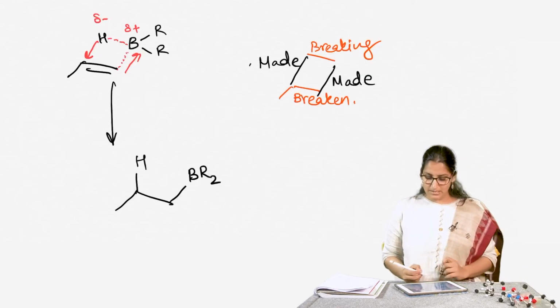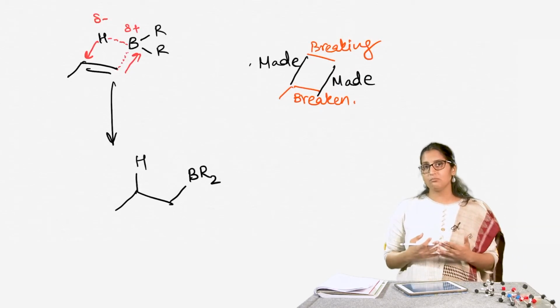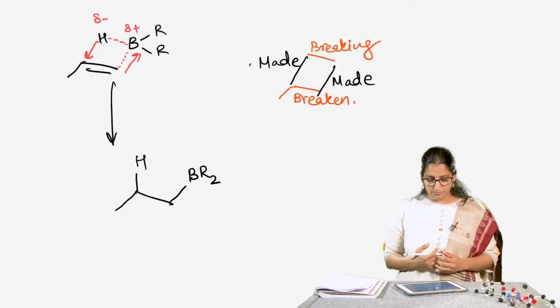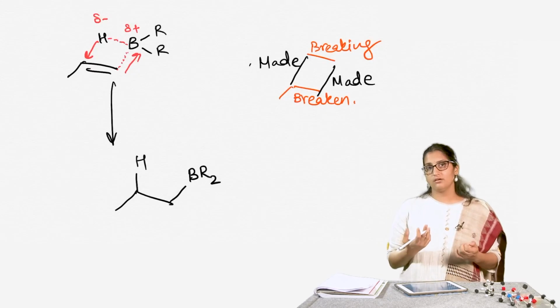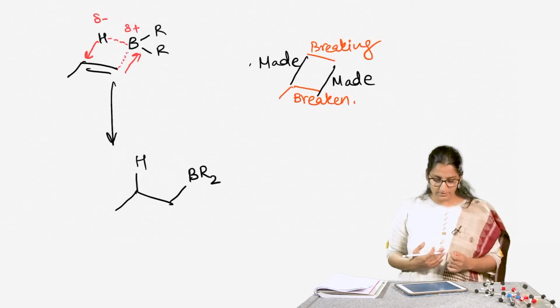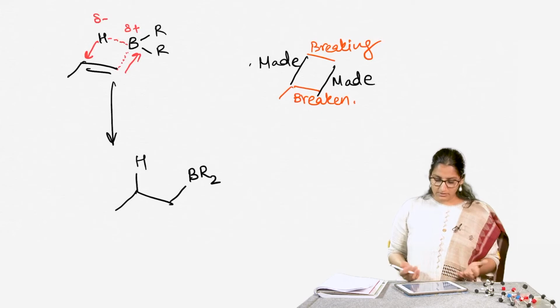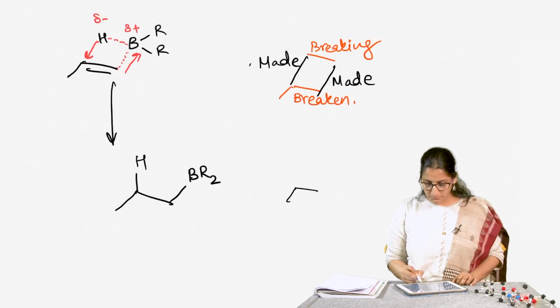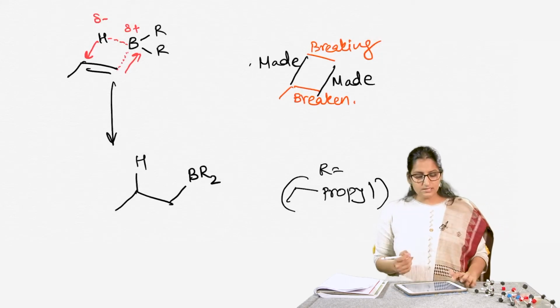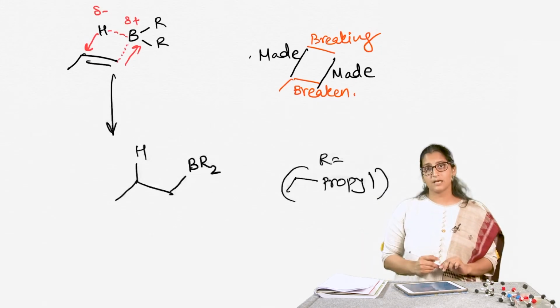Typically, three of the propene molecules will complex with boron, and that is why one BH3 molecule really has 3 hydrogens to give away. That is how I see it, and that is why these R groups here are going to be my propyl groups. Okay. But that is the end product of the first step.